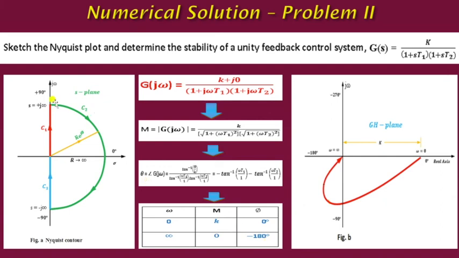Then draw the C1 path in the GH(s) plane. The starting point is when omega is 0. Then what is the magnitude? K. And what is the phase angle? 0.